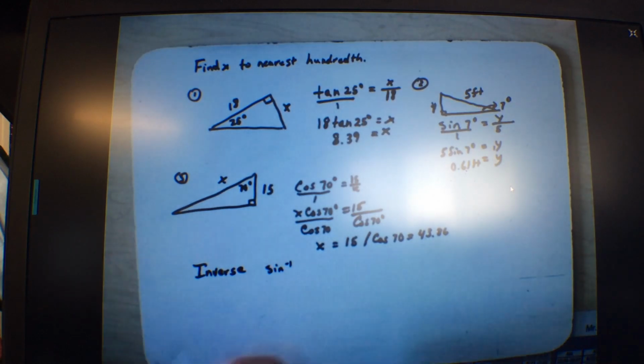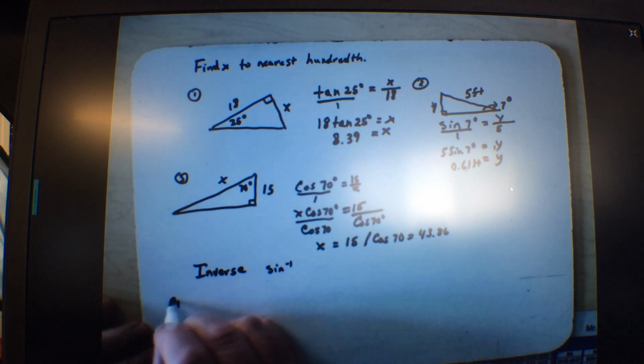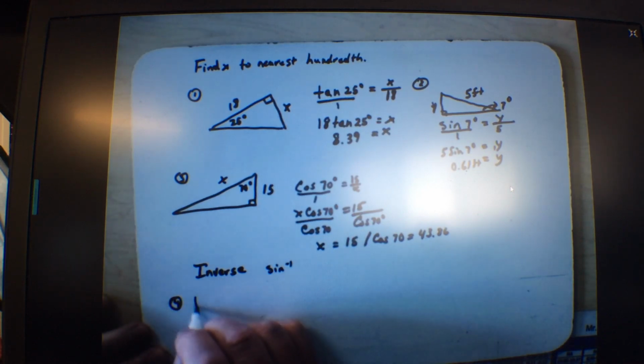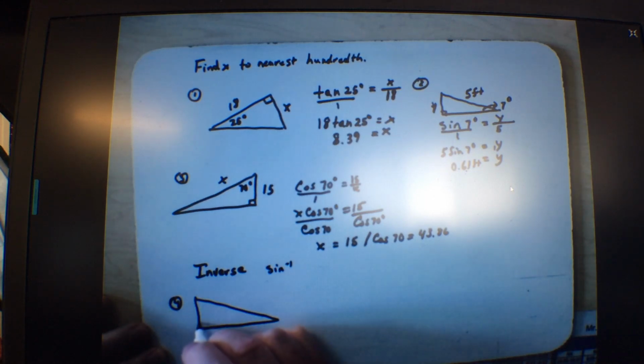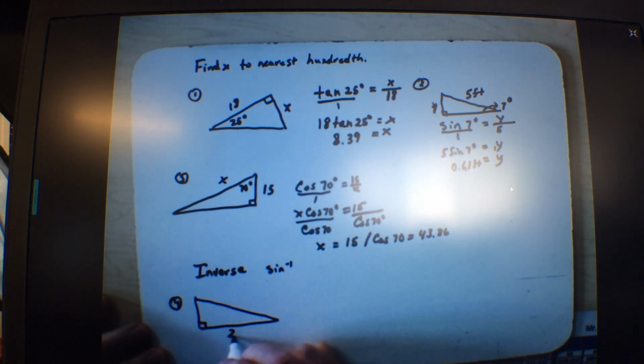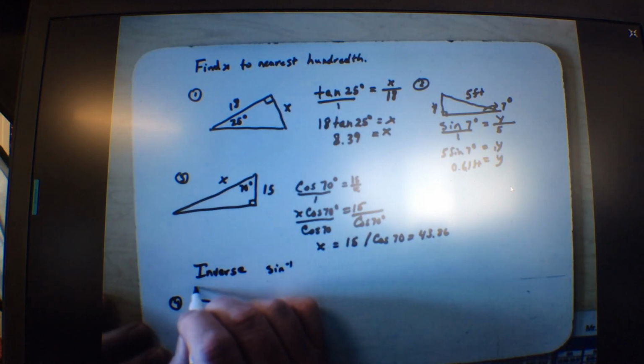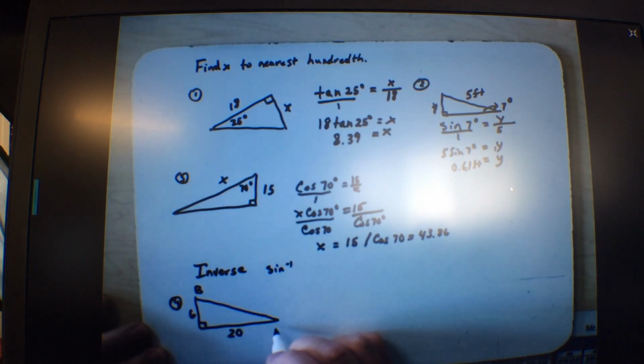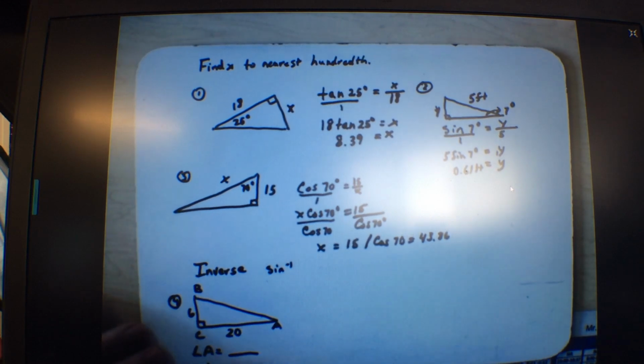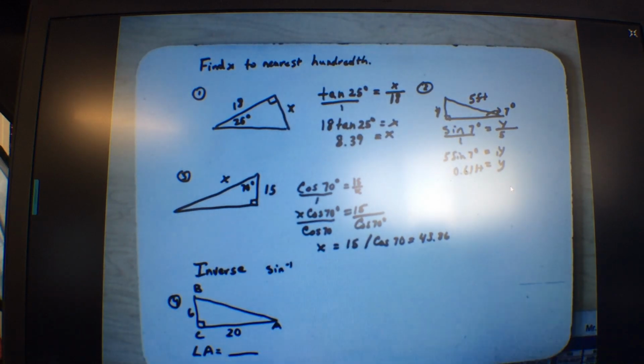Okay, so let me give you an example. All right, this is number 4. Let's say we have a right angle, and this is 20, and this is 6, and this is B, and this is A, and this is C. And I want to know what the measure of angle A is. I'm looking for this angle right here.